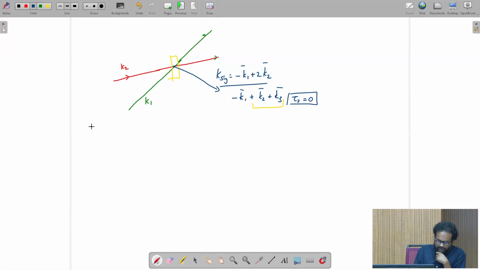So I can quickly draw this. Start here at 0, 0.